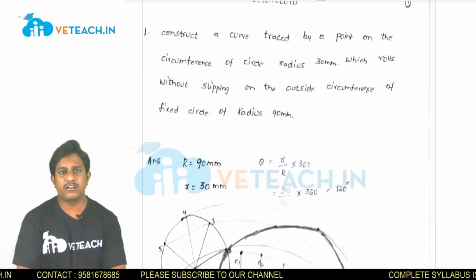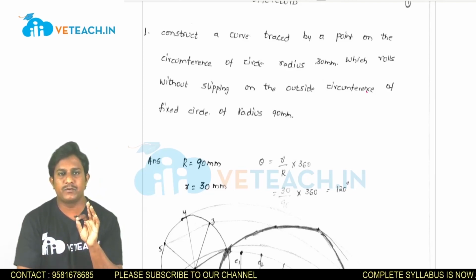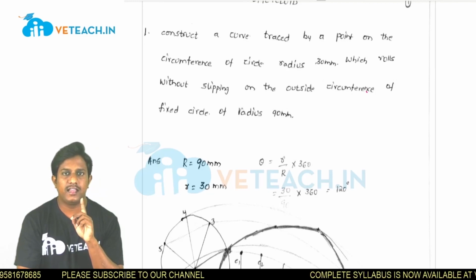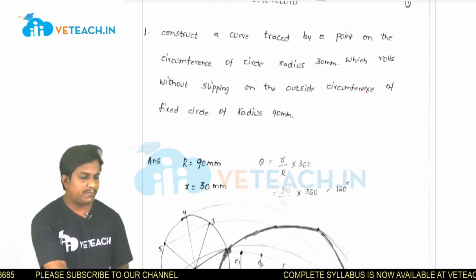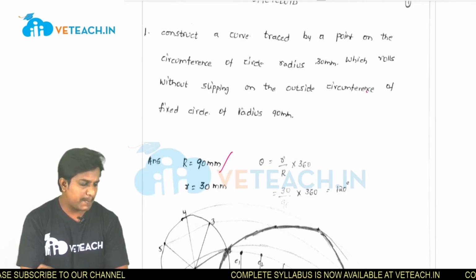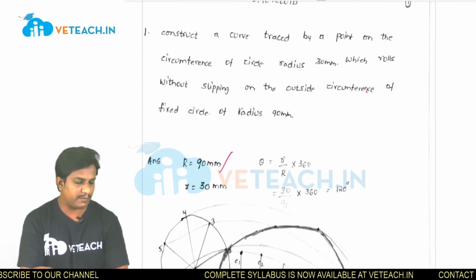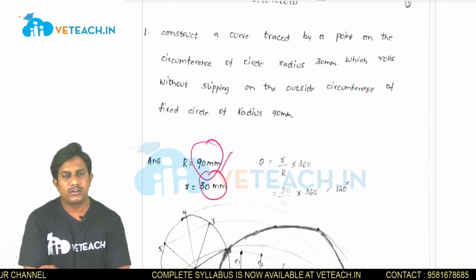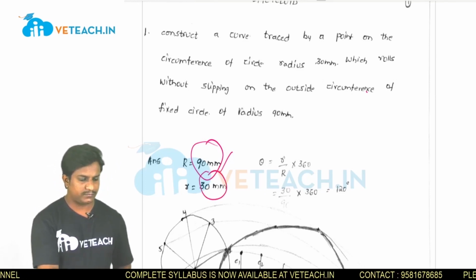For every cycloid, that is epicycloid and hypocycloid, we have two circles, the base circle and a generating circle. The base circle is given, capital R equal to 90 mm, and small r is 30 mm. By using these two circles, we have to draw the epicycloid.